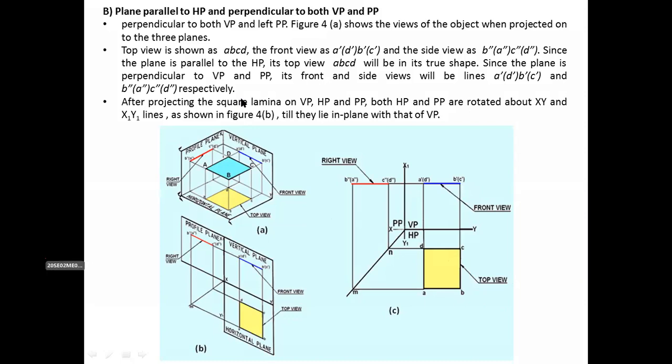Okay. So how will we proceed to solve this problem? First of all, we will draw one XY line. Got it? Now you must be given how far it is from HP and VP. So this distance must be given to you.